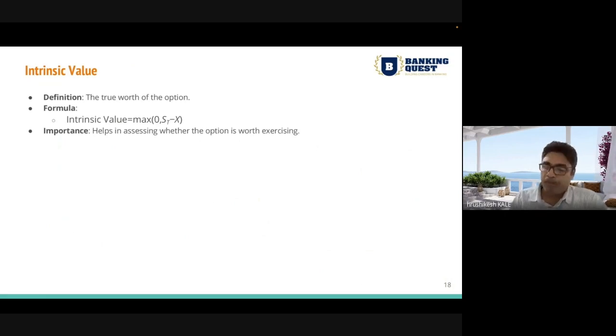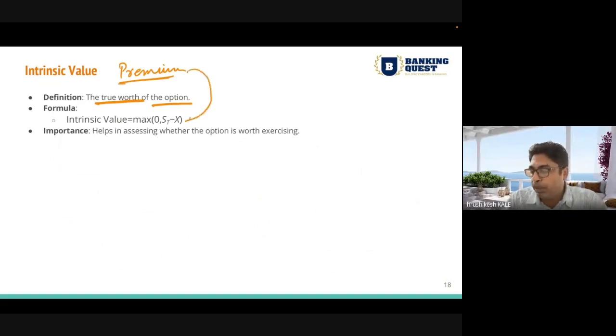Intrinsic value. The true worth of the option is called intrinsic value. So, how much will be the premium of the option? That is basically the intrinsic value.